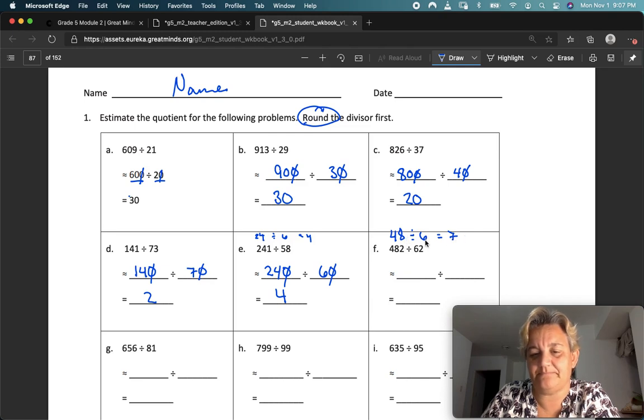Oh, no, that's not right. 48 divided by 6 is 8, right? There we go. Okay, so I'm going to round that down to 480. And I'm going to round this down to 60. And then this 0 and this 0 cancel each other out. And 6 goes into 48 8 times.